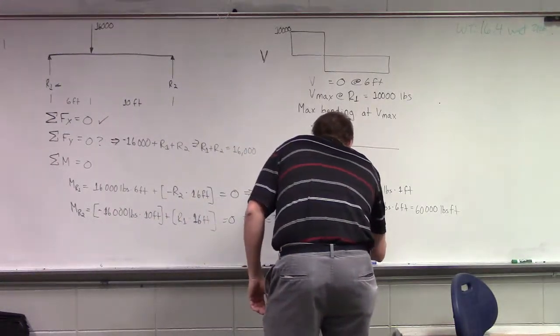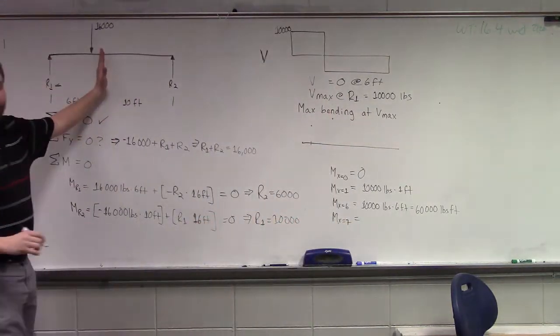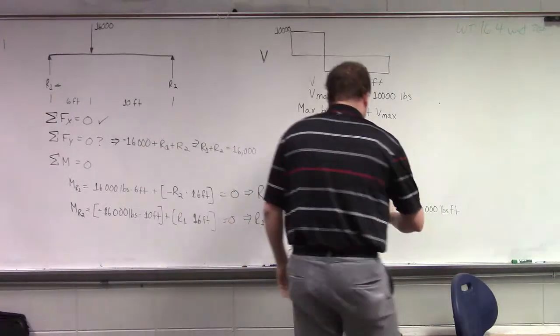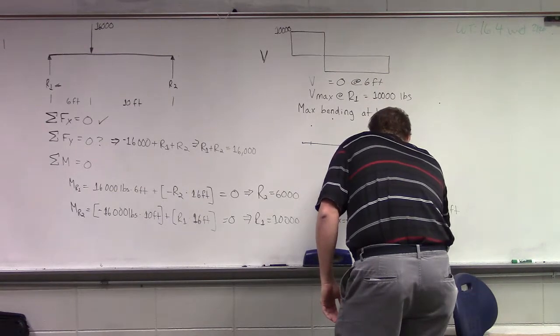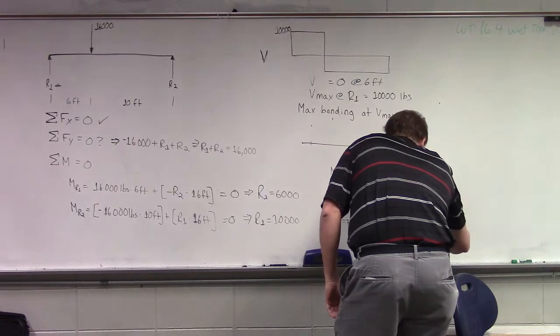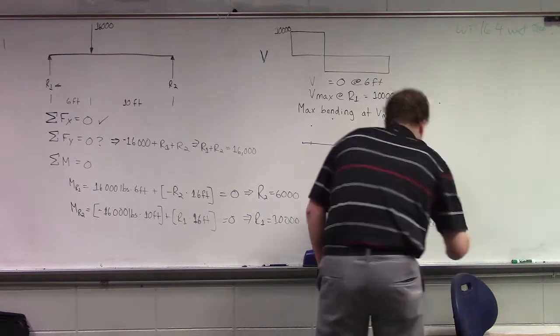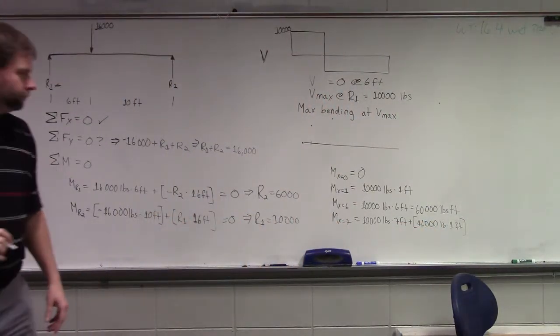What happens when we get to x equals 7? Now we're a foot away. So you do 7 times 10,000 minus 16 times 1. Well, it would be plus or negative then.